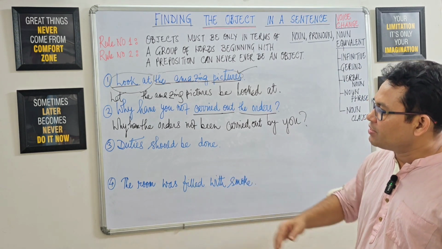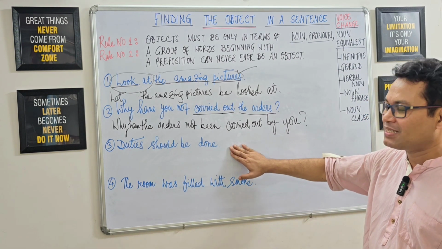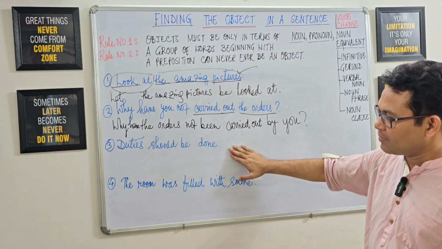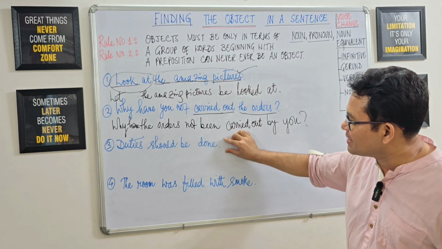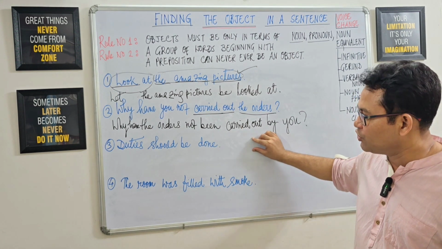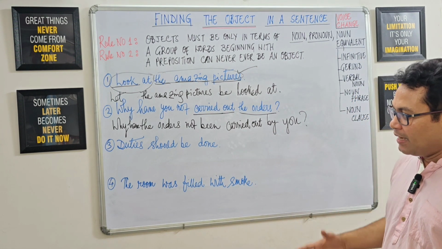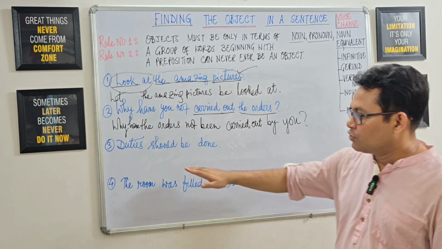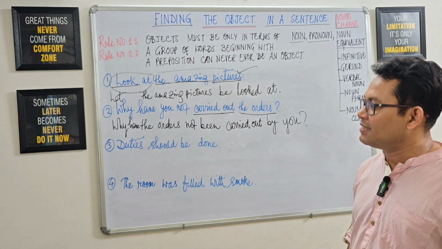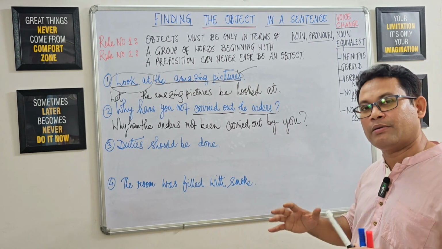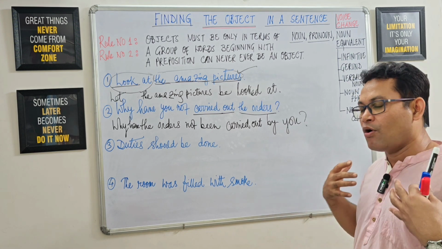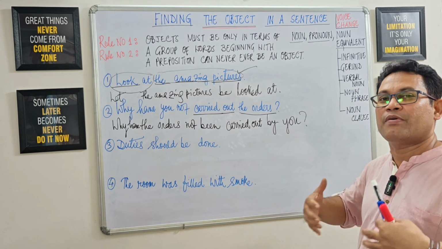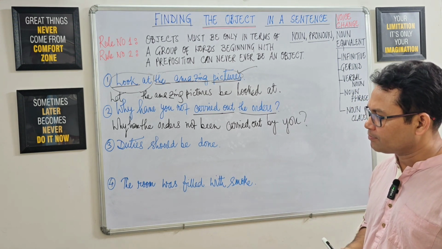Next, number 3, duties should be done. The sentence is in passive already, and we don't have any by plus agent part here, which is missing or lacking. In that case, we have to provide that. So the idea in this sentence is sort of an obligation which is applicable to all. Duty, we all have our duties in life and we have to perform or complete those duties.